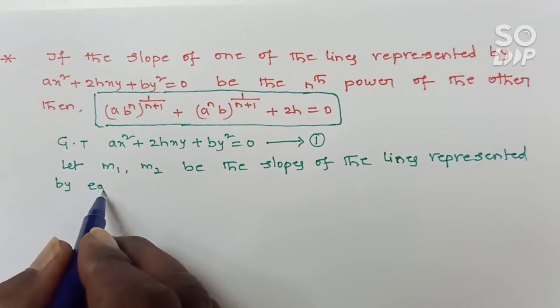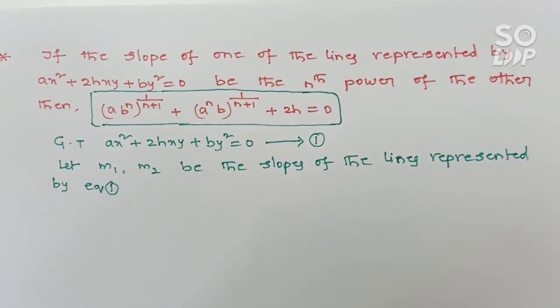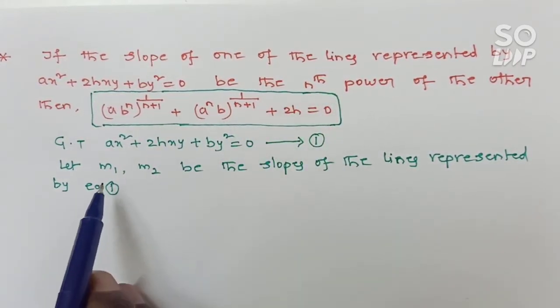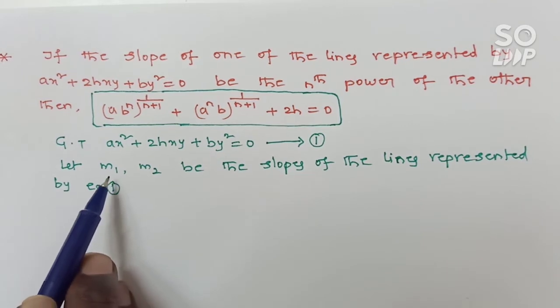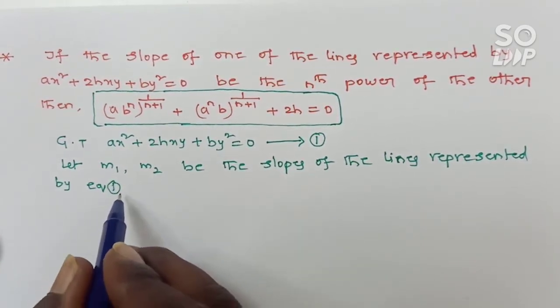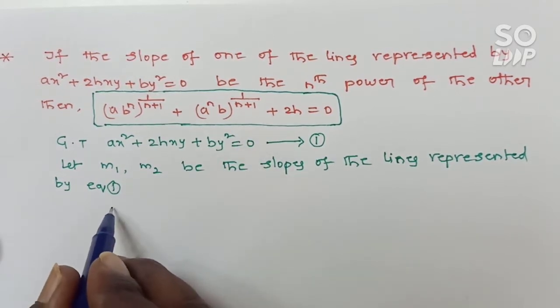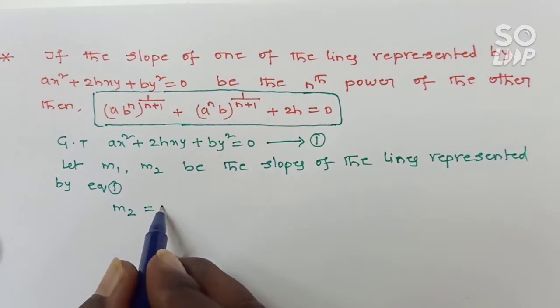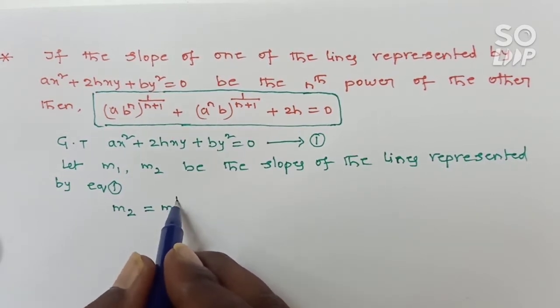Okay, so what is the given condition here? If the slope of one line is the nth power of the other one, that means according to the given statement we can write that m2 equals m1 whole to the power of n.